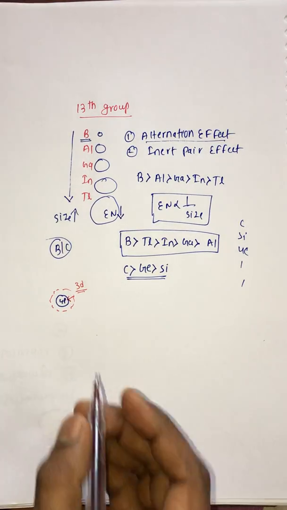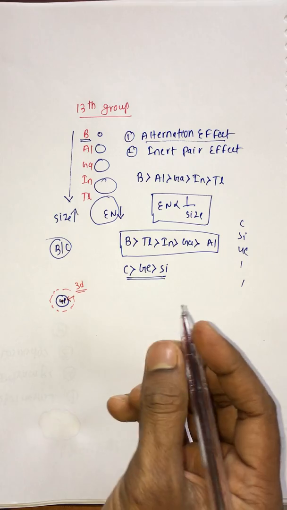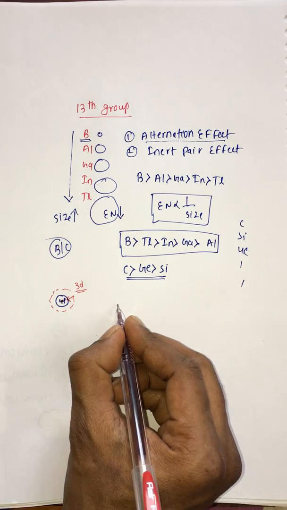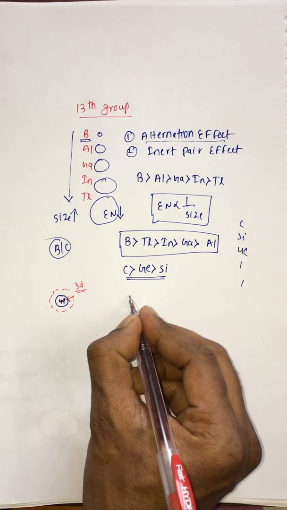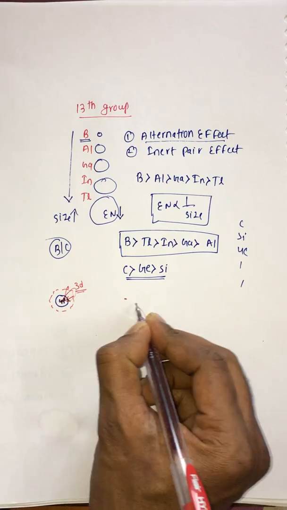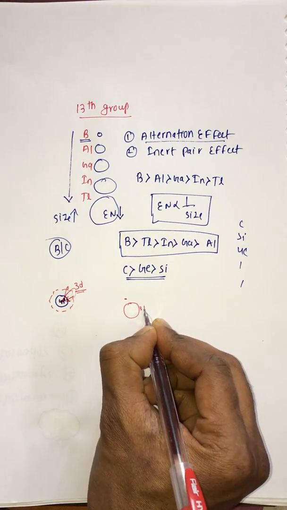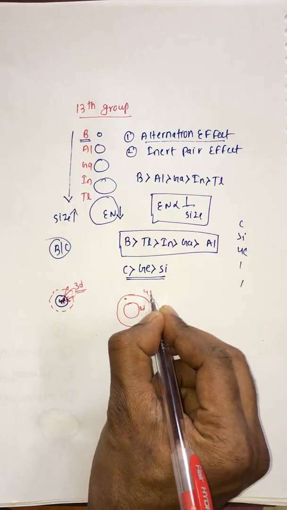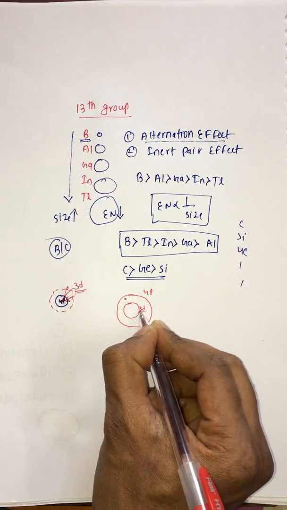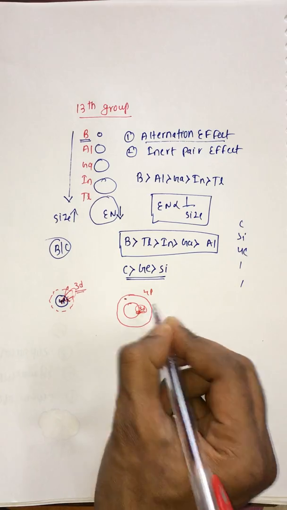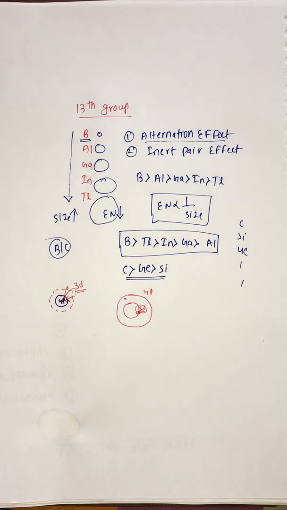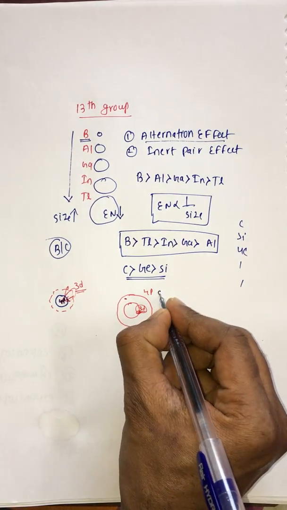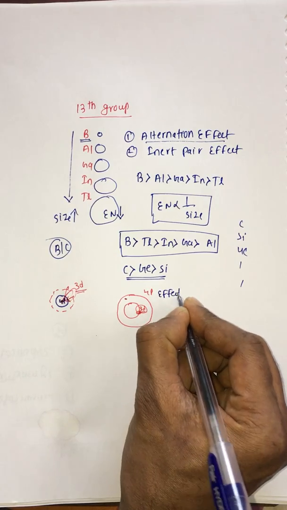Because of poor shielding, the nucleus can attract more. The 3d comes here and here 4p comes. So there is poor shielding of 3d on the 4p orbital, and because of that, the 4p orbital has more effective nuclear charge.